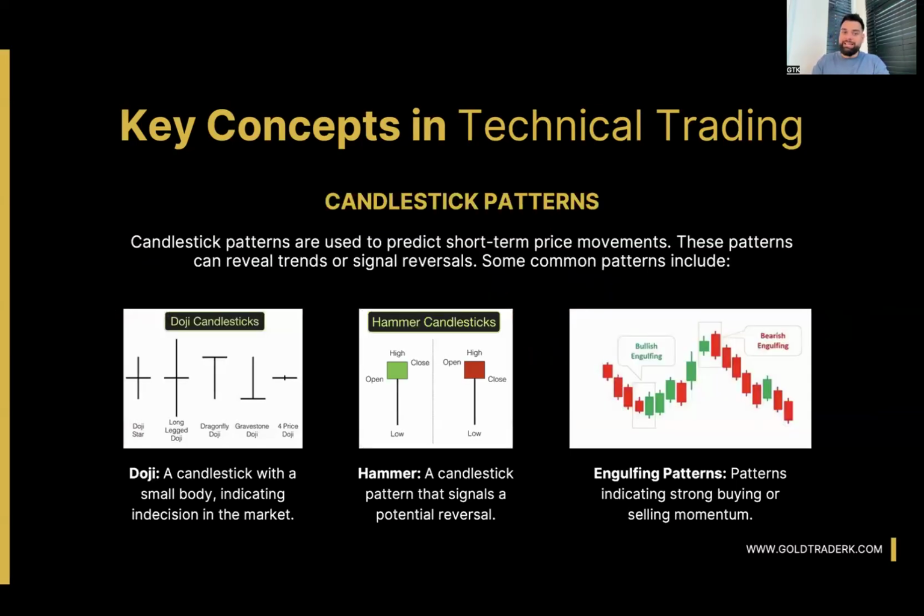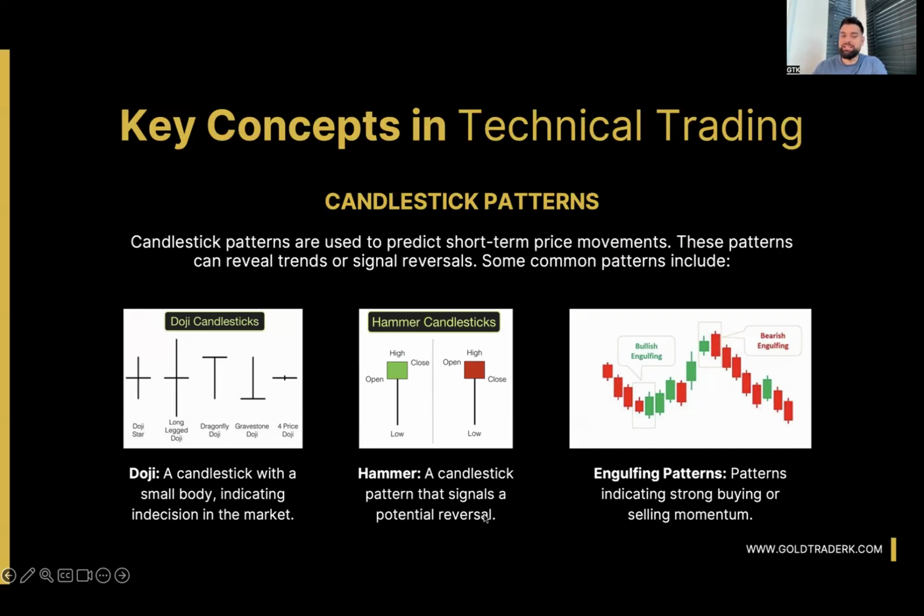Candlestick patterns. Candlestick patterns are used to predict short-term price movement. These patterns can reveal trends or signal reversals. Some common patterns include doji candles, as you can see here, a candlestick with a small body indicating indecision in the market. The second one, usually the most common one, is the hammer candlestick, which looks like this in the buy, with the low, and in the sell with the same pattern.